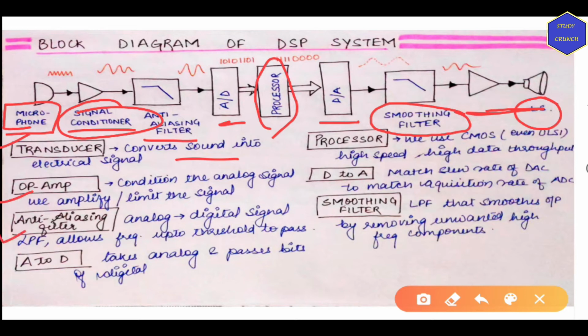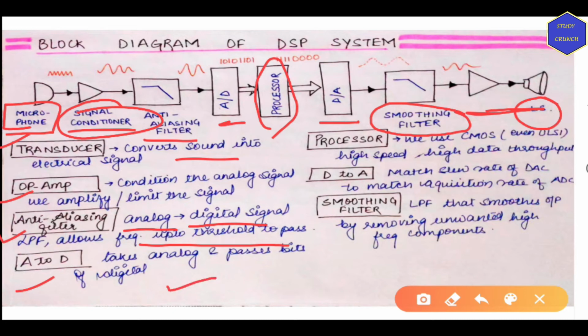Then the anti-aliasing filter is used before converting analog to digital signal. Till now it was an electrical signal in analog form. Now we'll be converting it into digital form. So it will allow frequencies up to a threshold to pass for conversion, which is done by the analog to digital converter.